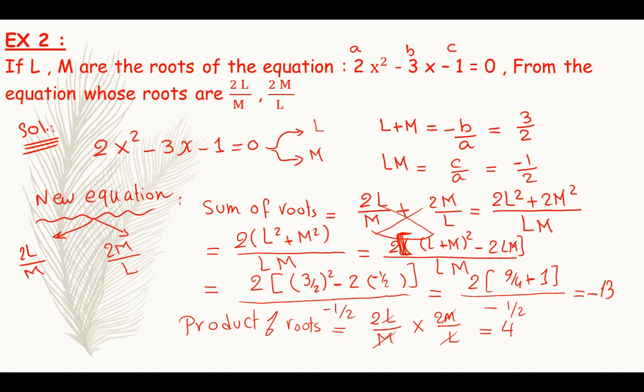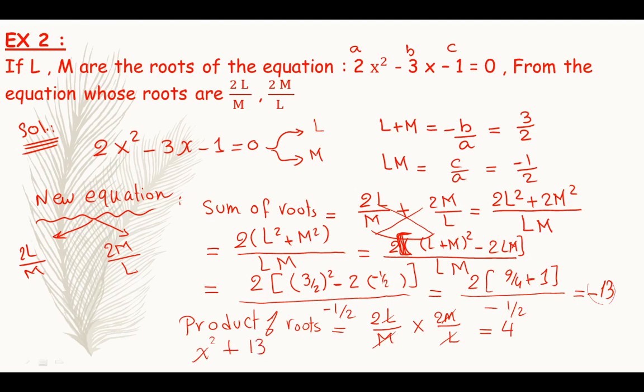Okay, now you can form the new equation, which is x power of 2 minus the sum of the two roots. What is the sum of the two roots? Negative 13, minus negative 13, so it will be plus 13.